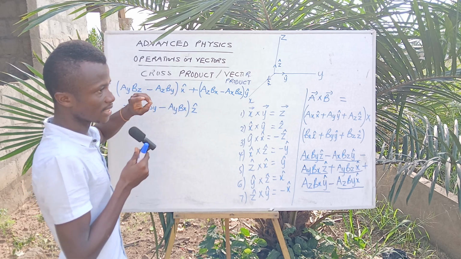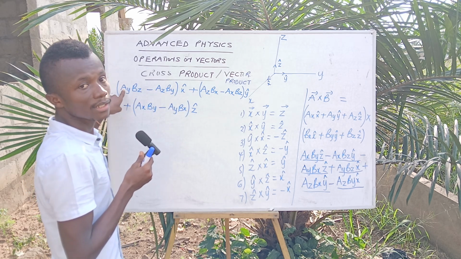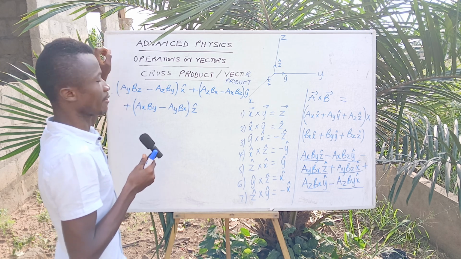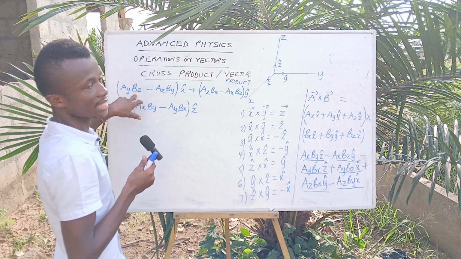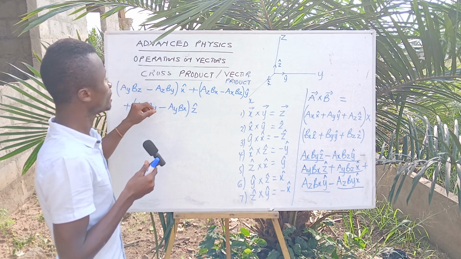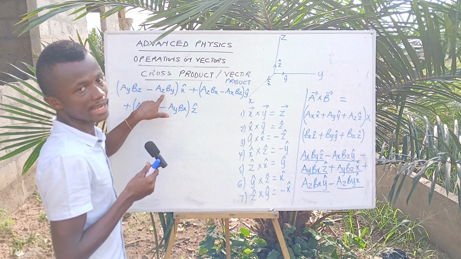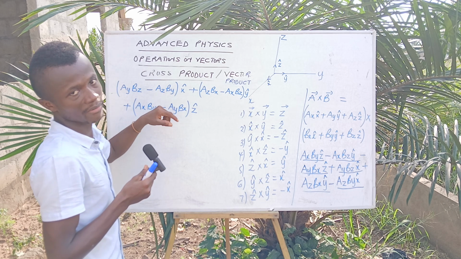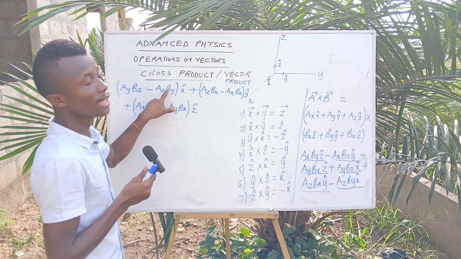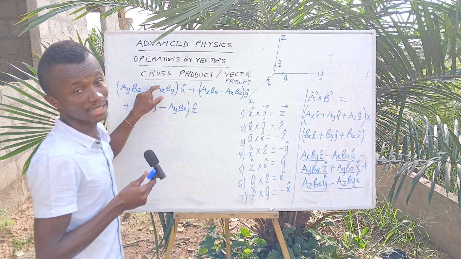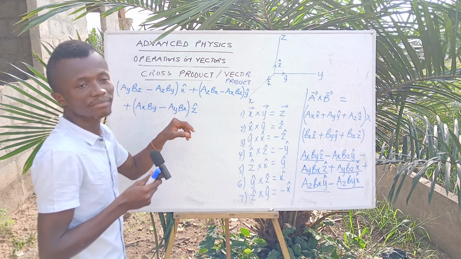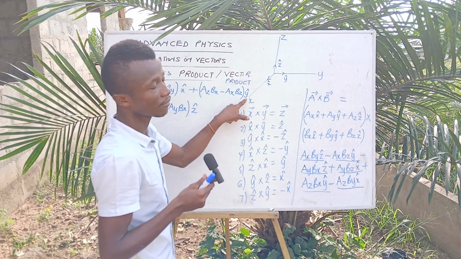For that matter, first take A, its magnitude in the Y direction, multiply by B, its magnitude in the Z direction, then minus A, its magnitude in the Z direction, times B, its magnitude in the Y direction. Then we talk about y-hat.